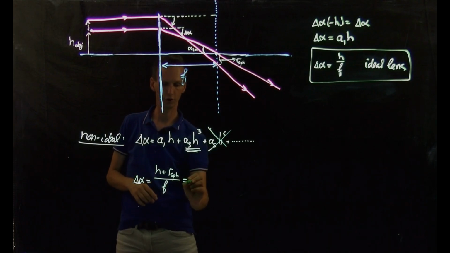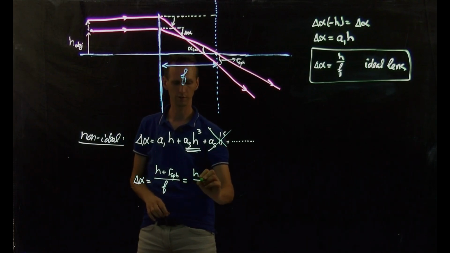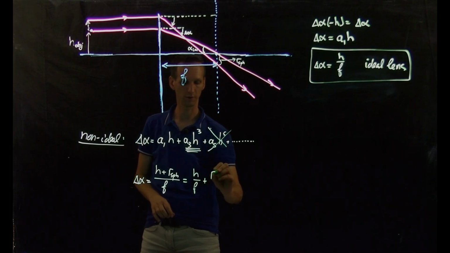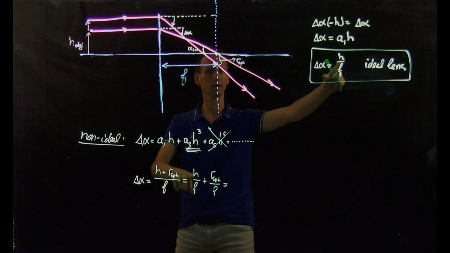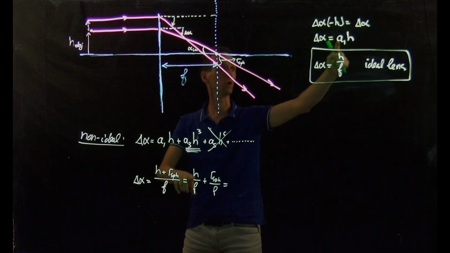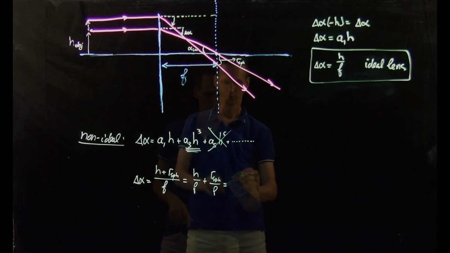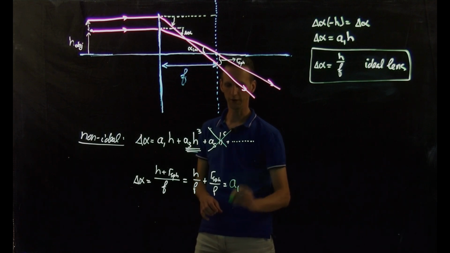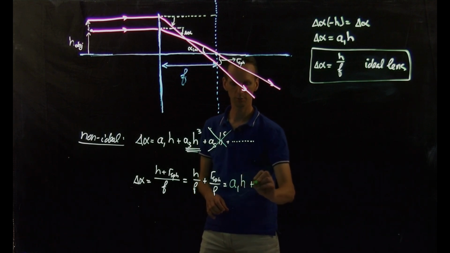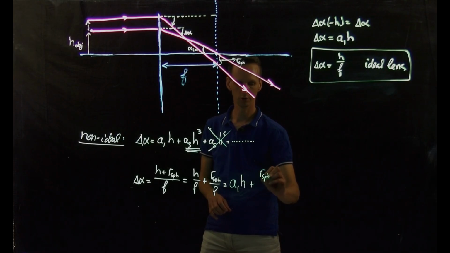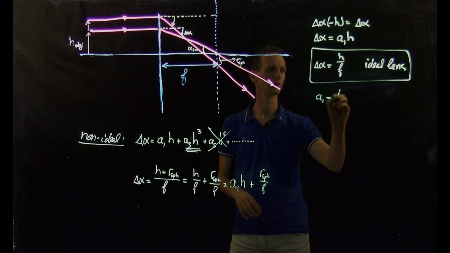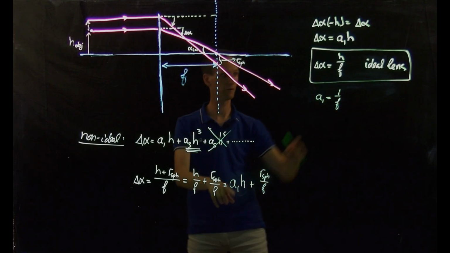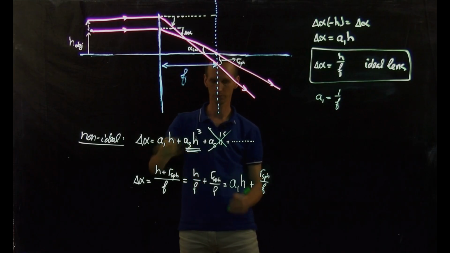So if we write this down further, we can see that this is a factor h over f plus a factor r spherical over f, where the first term that we have here is our ideal lens equation. So this is the same as the coefficient a1 that we have here. So we see that this is equal to our factor a1 times h plus r spherical over f, where we now have that a1 equals 1 over f, and the first coefficient in our expansion here.